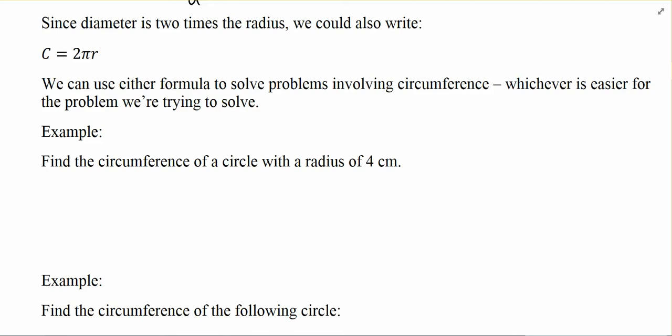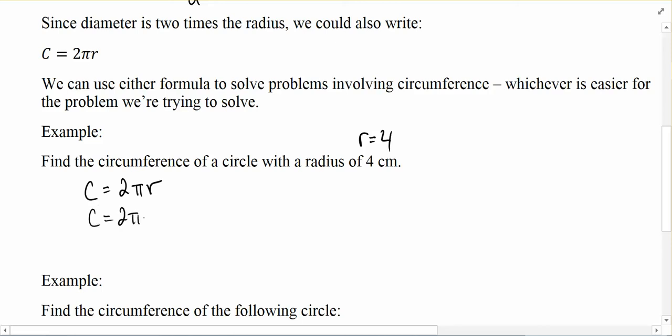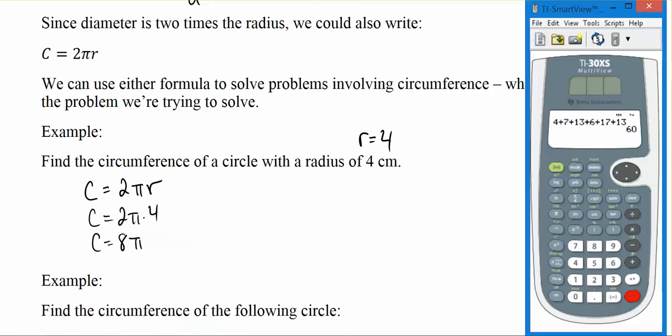So suppose we want to find the circumference of a circle that's got a radius of 4 centimeters. Well, if that's the case, I would use the formula circumference equals 2 pi r, at which point the r is 4, so it's just 2 pi times 4, or 8 pi. And if we want to figure out what that is approximately, we can use our calculator.